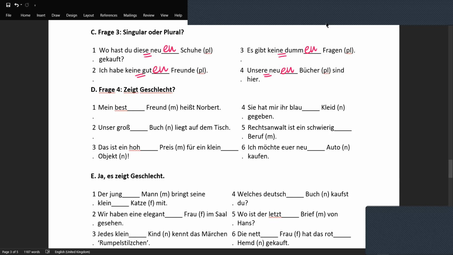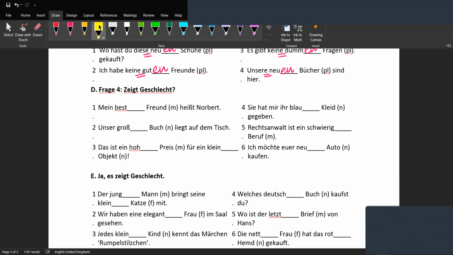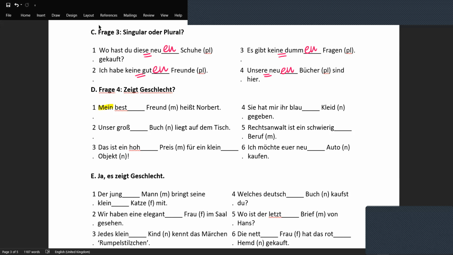Okay. Then this section here, exercise D, is a bit interesting because while we do have articles here, I'll highlight them quickly one by one. There is mein, unser, ein, ihr, ein, euer. So we do have these articles, but they still don't really tell us if the noun is masculine or if it's neutral.